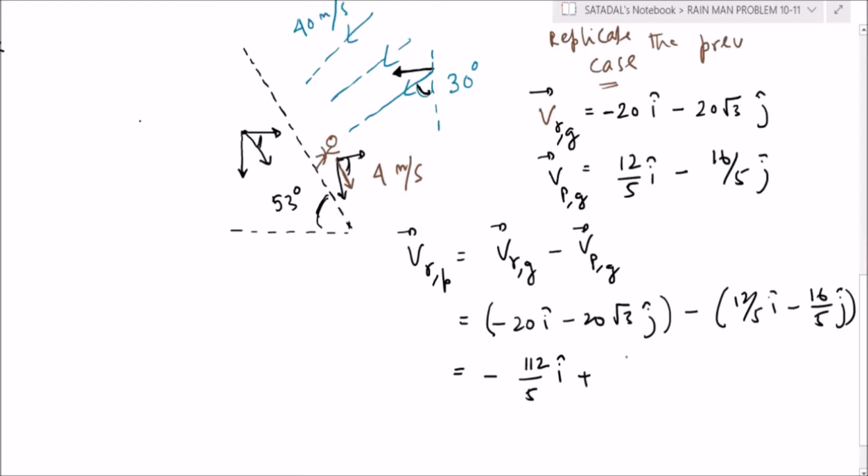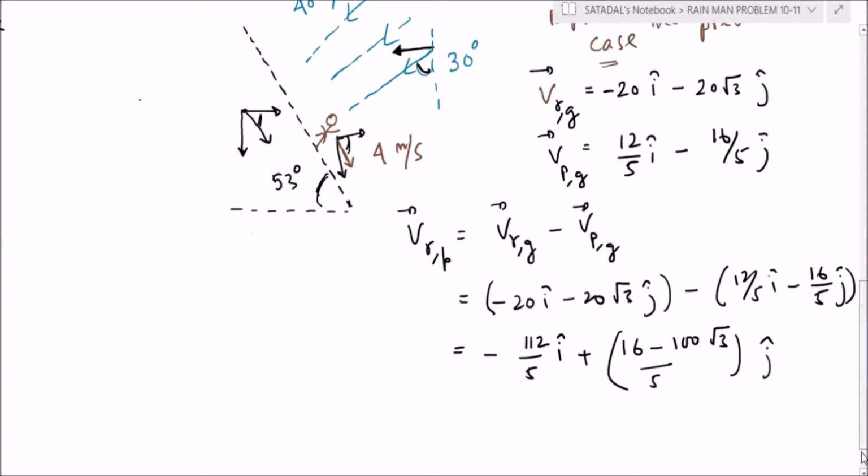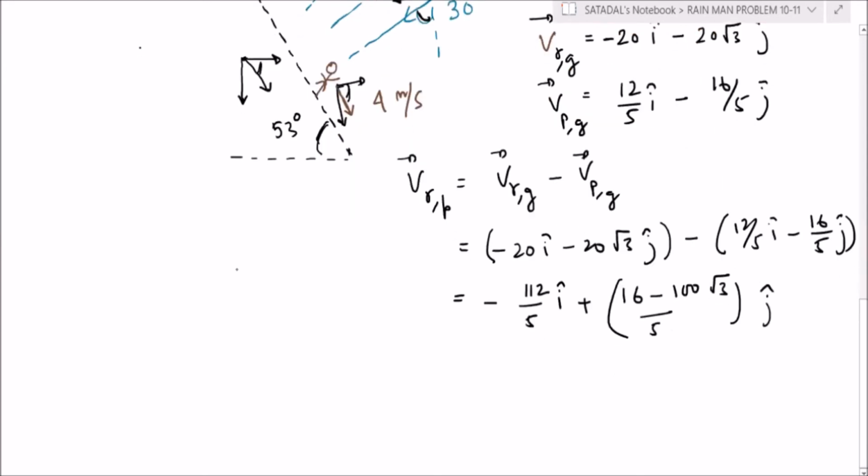You see, this is coming to be 16 minus 100 root 3 by 5 j cap. Okay, so this is velocity of rain with respect to person. Correct.